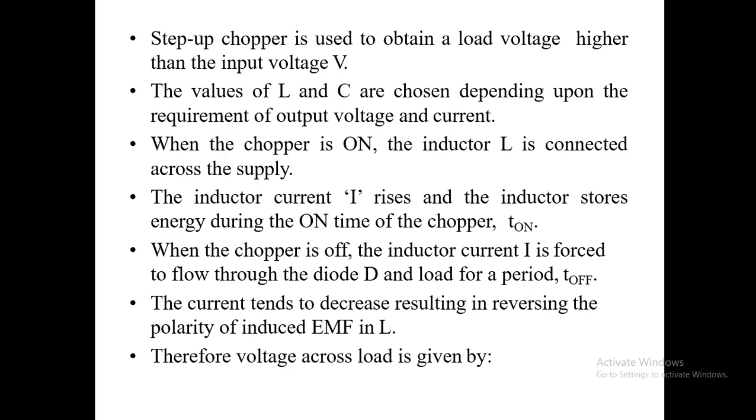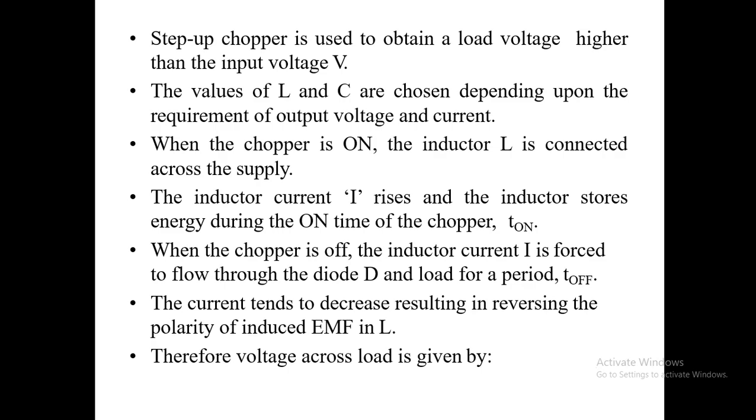When the chopper is on, the inductor is connected across the supply, and the current flowing through the inductor rises. The inductor stores the energy during the on condition, and this period is called T-on.